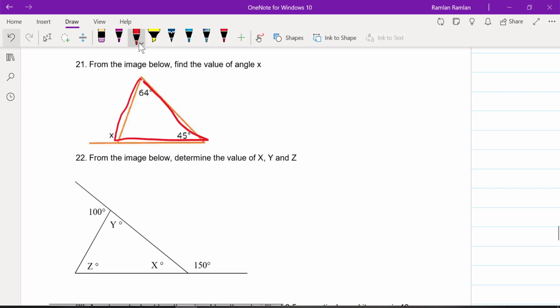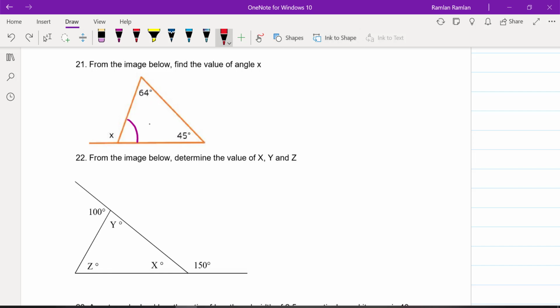Just remember that if you add all of the angles in a triangle, you will always have 180 degrees. So if I add this one and this one, that will be equal to 180 degrees, right? So let's name that with a variable.